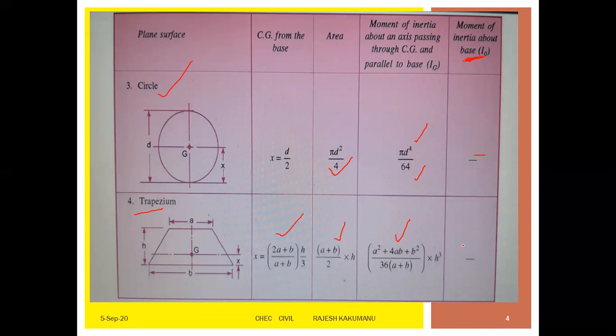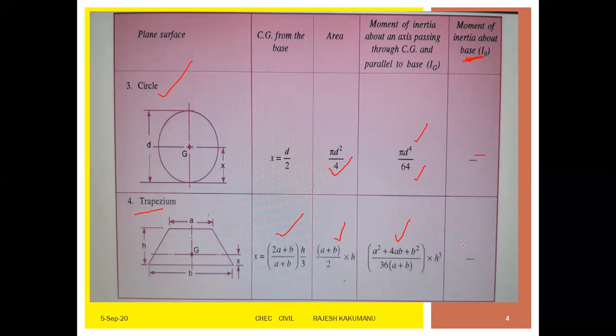Next, the other plane is the trapezium. See the trapezium, you have the small side a at the top and the bigger side b at the bottom. You see the height h, you see x. G is the center of gravity. The CG from the base is x equal to (2a plus b) by (a plus b) into h by 3.